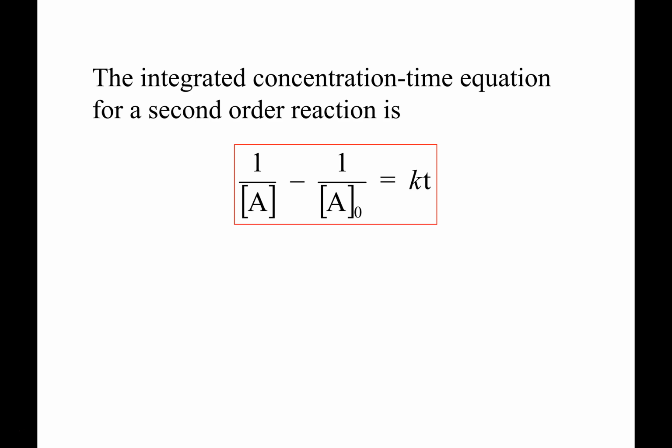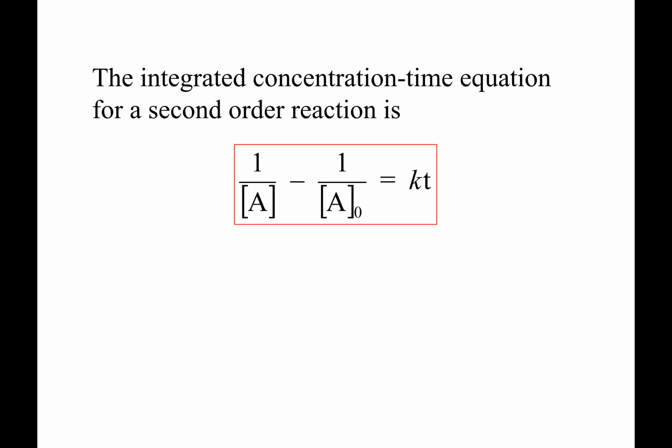So 1 over the concentration of A at time t minus 1 over the initial molar concentration of A is equal to, in this case, a positive rate law constant times t, positive kt.